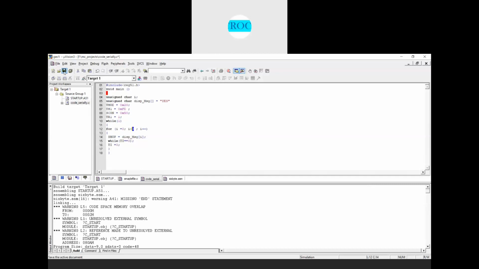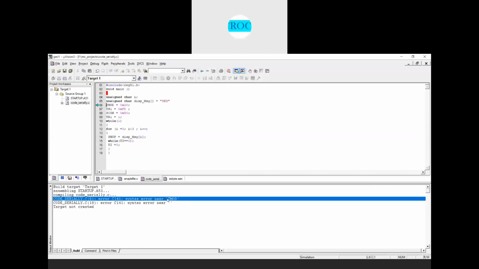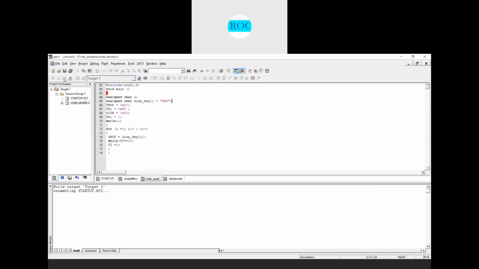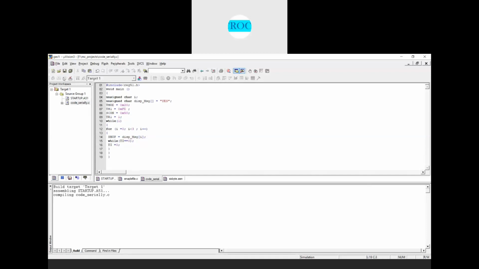Now this C program is ready. Now we'll try to run this one. We had TMOD, semicolon, and so on. Now the C code is written, it is syntactically correct.